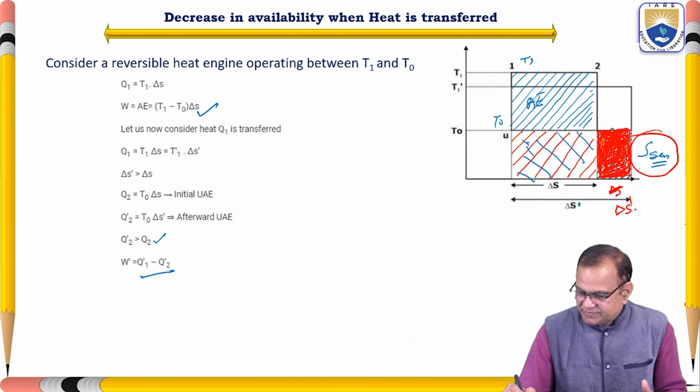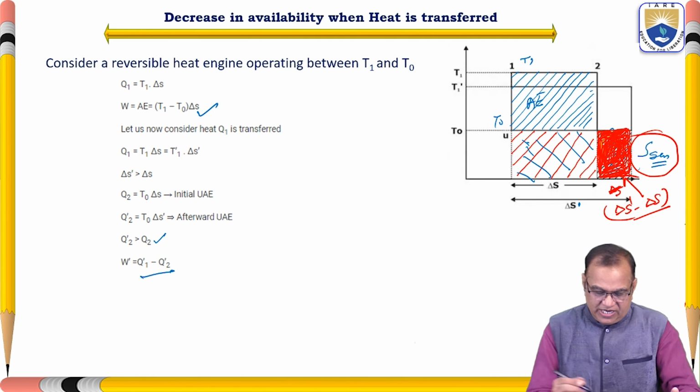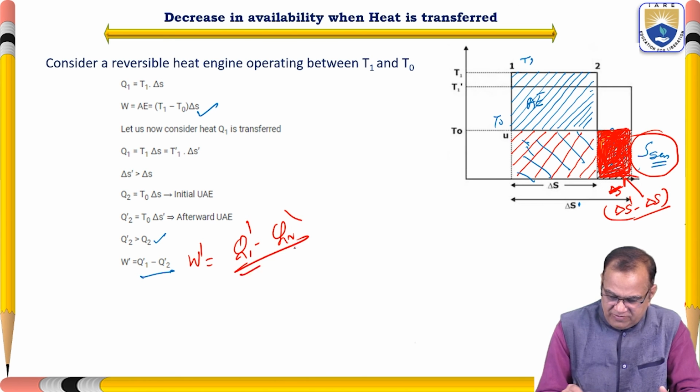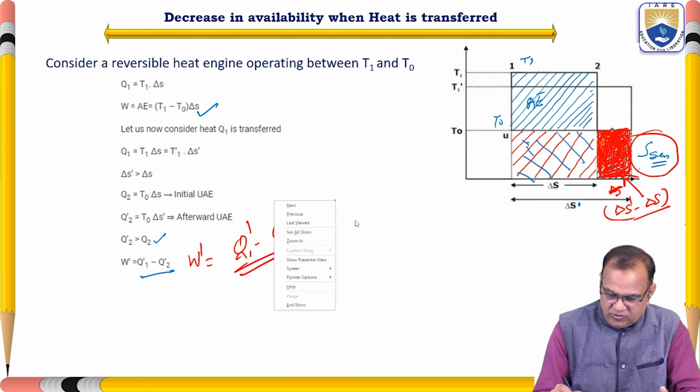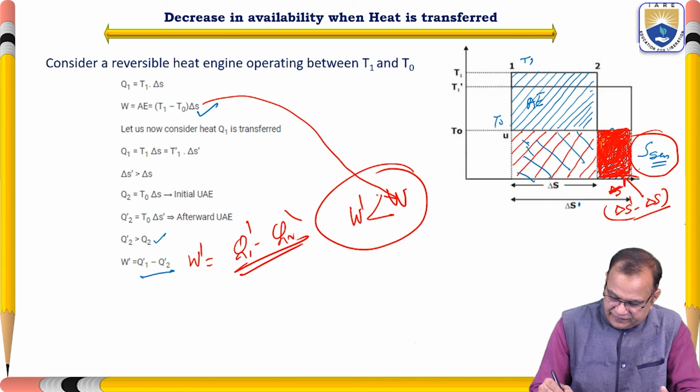This is delta S prime minus delta S. This much is generated. And so here the W prime will be Q1 minus Q2 prime, and this is less than W. This W prime is less than W, which we have got from here.